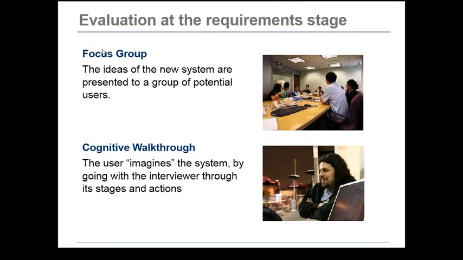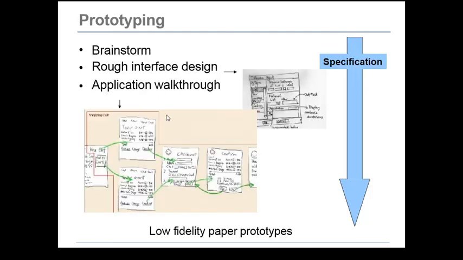Then evaluation at the requirement stage. Focus group: the ideas of the new system are presented to a group of potential users. Cognitive walkthrough: the user imagines the system by going with the interviewer through its stages and what kind of actions they might perform.